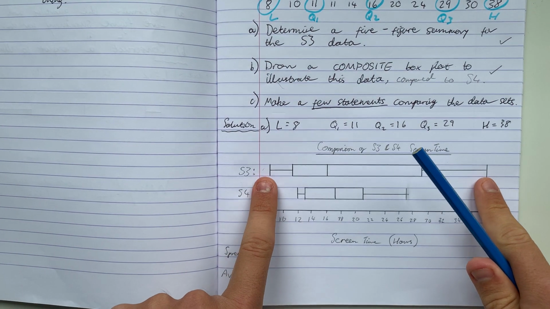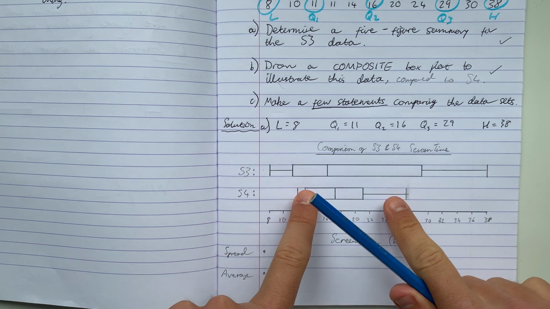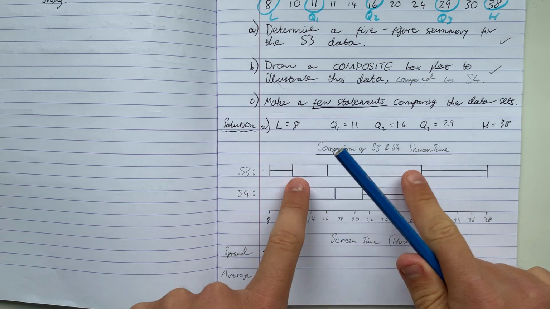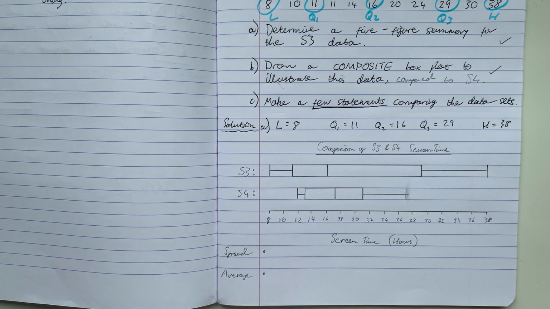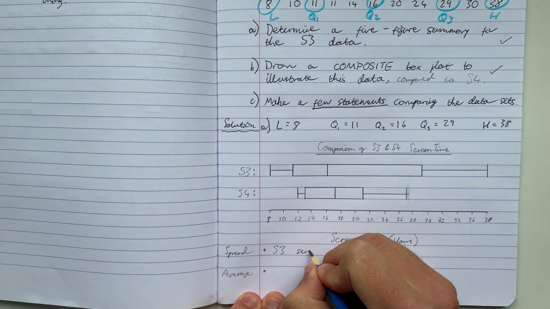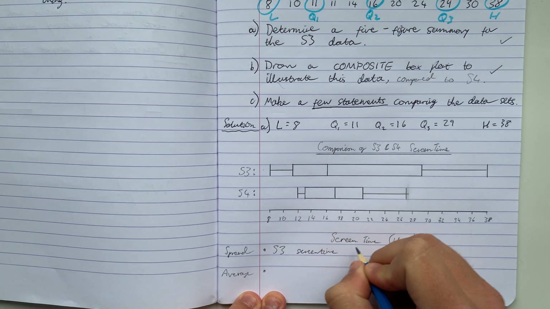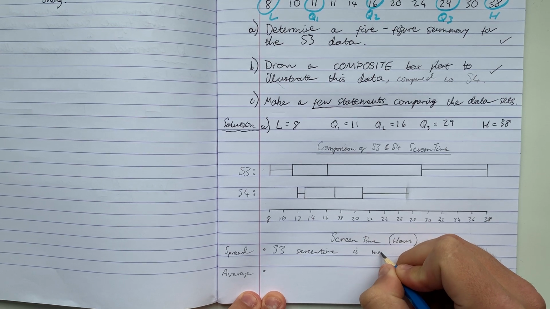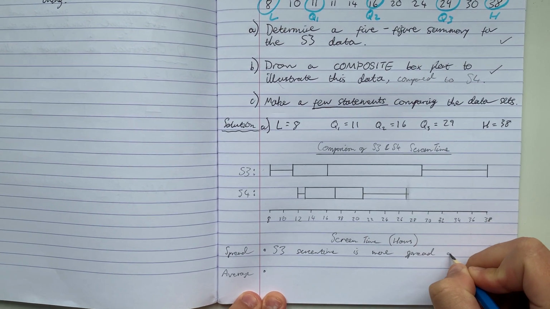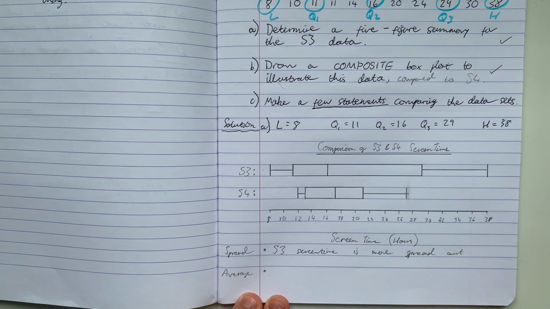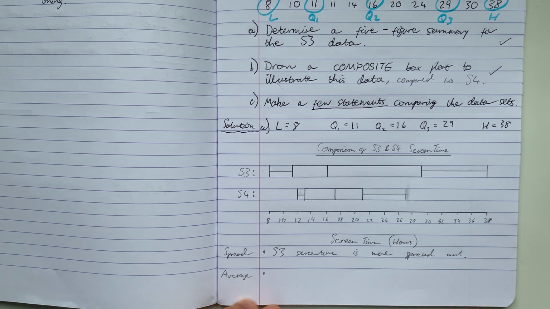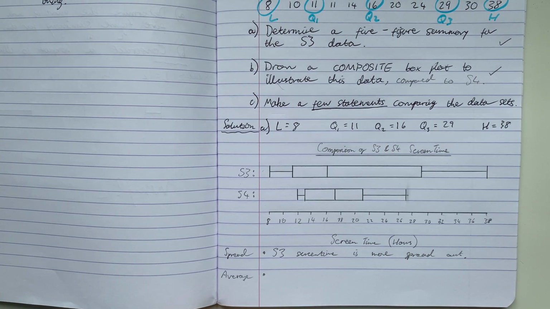The two endpoints, the extreme values, are much wider than these two. And also the width of the box is much wider as well. So that means we can say that S3 screen time is more spread out. There's a phrase I would use for that as well, which is less consistent, but we'll come back to the word consistency in the next video on standard deviation.